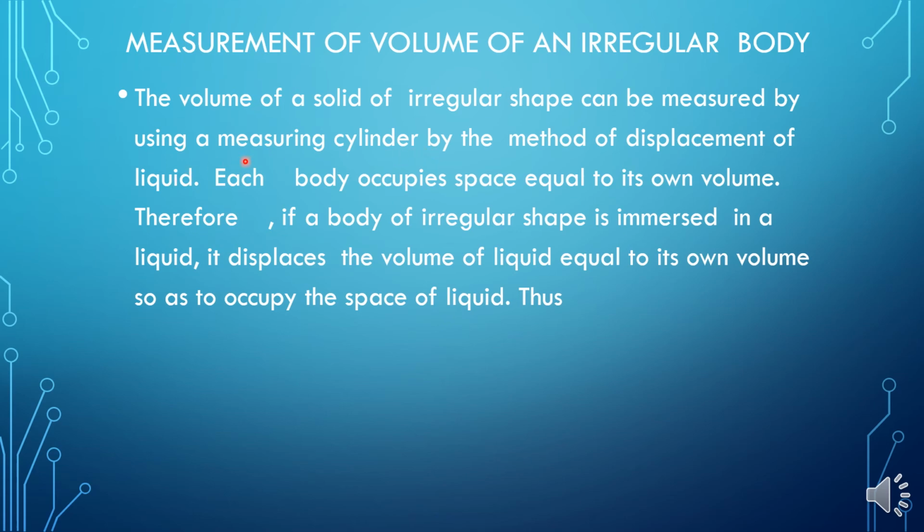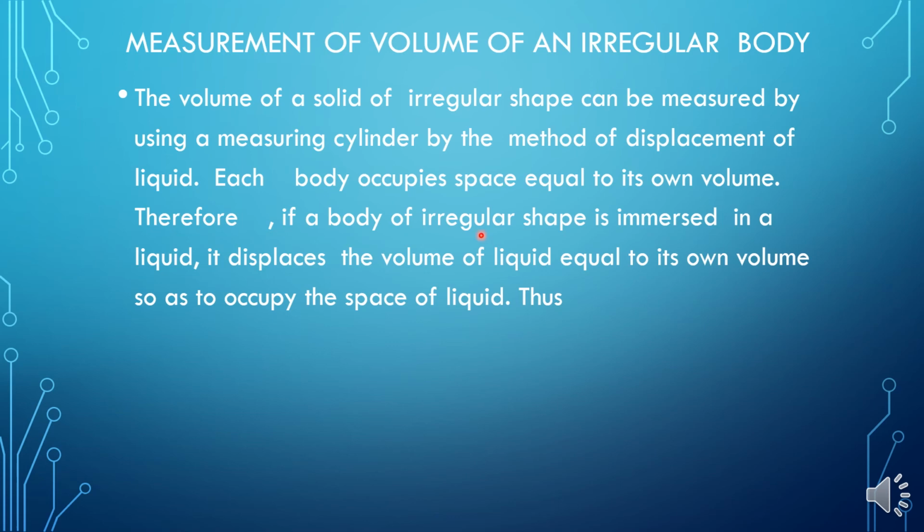So with the help of this measuring cylinder filled with liquid, when the liquid is displaced, we can find out the volume of a solid whose shape is not defined. Each body occupies space equal to its own volume. Yes children, any body, whether its shape is properly defined or not, whether the body is regular or irregular, occupies space equal to its own volume.